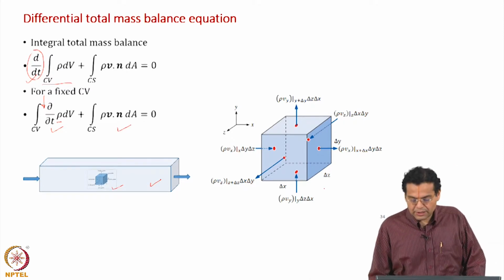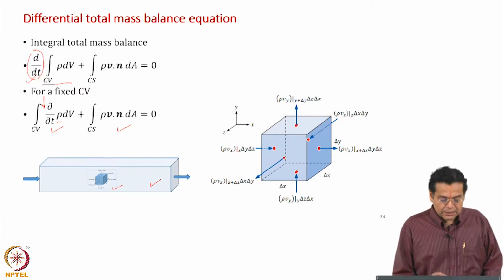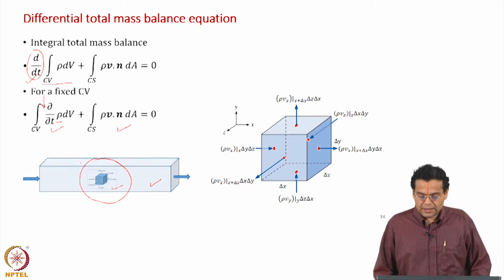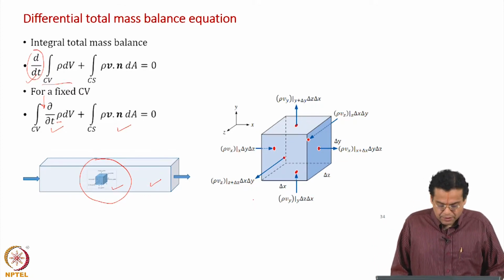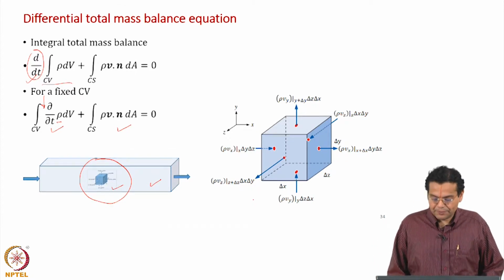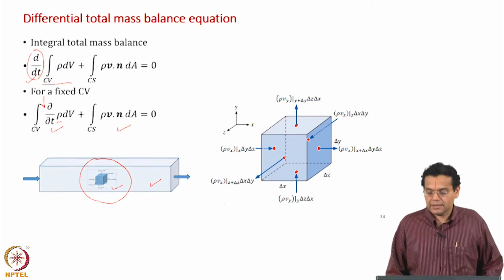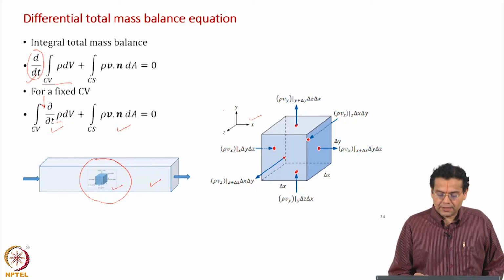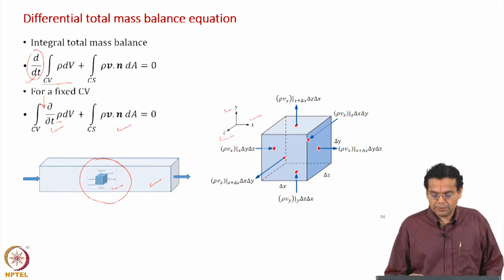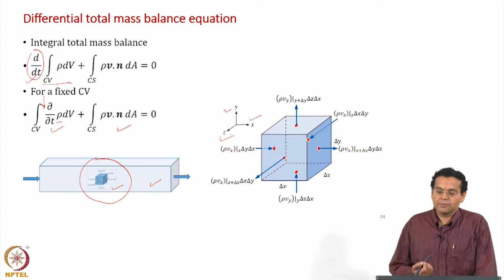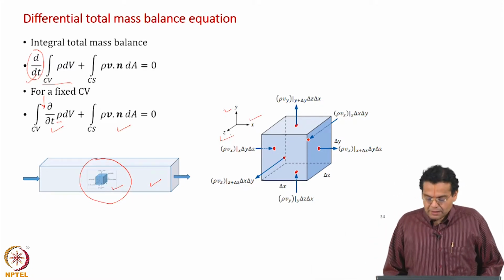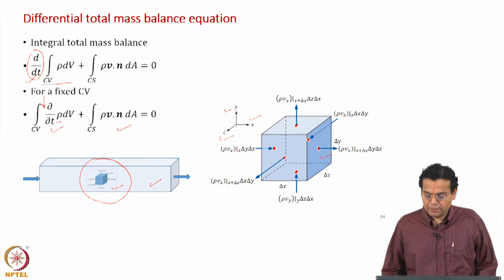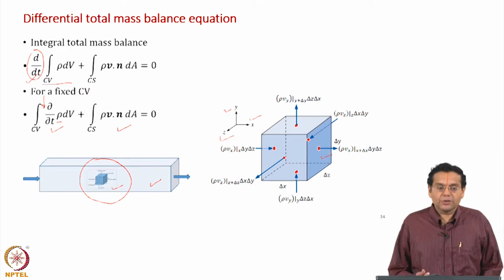Now what is shown on the right hand side is the enlarged view of this control volume. Let us see how we discuss that control volume. Okay. First attention is on the coordinate axes. The horizontal axis is x, the vertical axis is y, and the z axis points away from the board or slide or paper. Accordingly we have taken a cuboidal control volume.